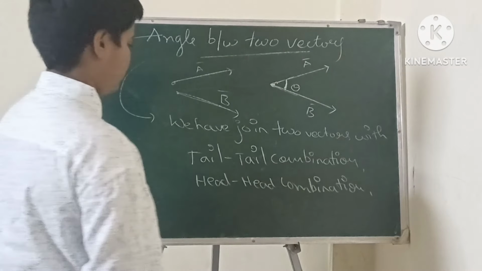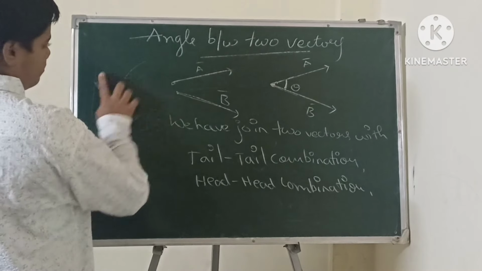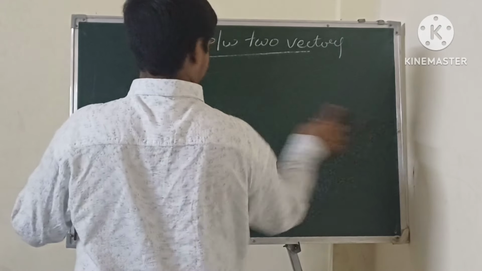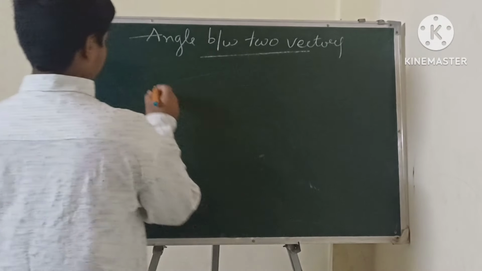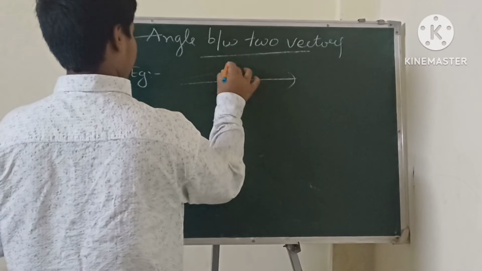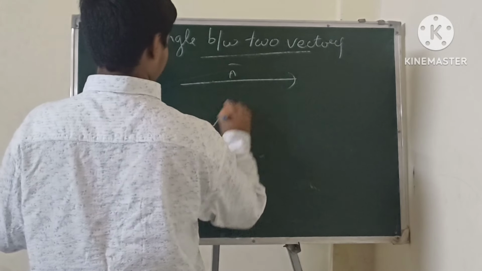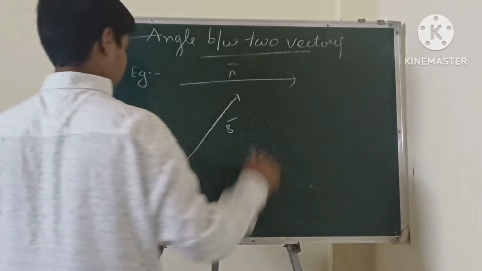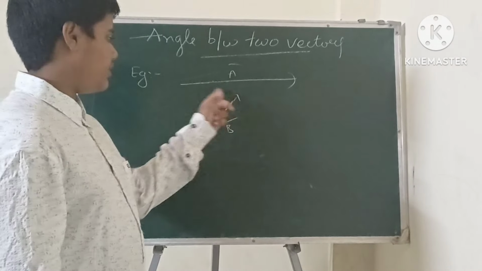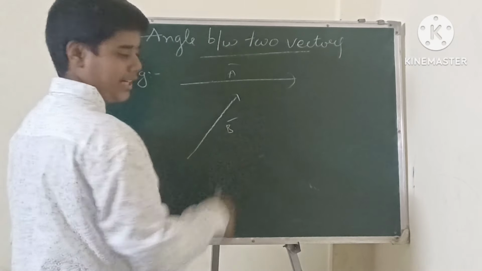And another example. They are asking to find the angle between two vectors, which means a tail to tail combination or head to head combination.